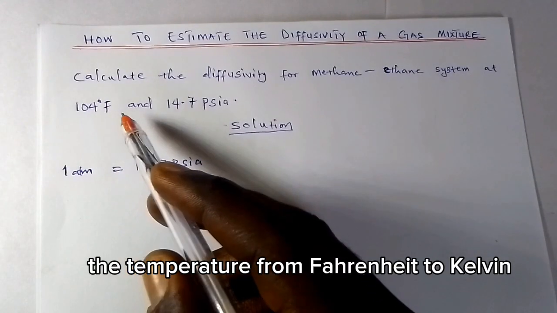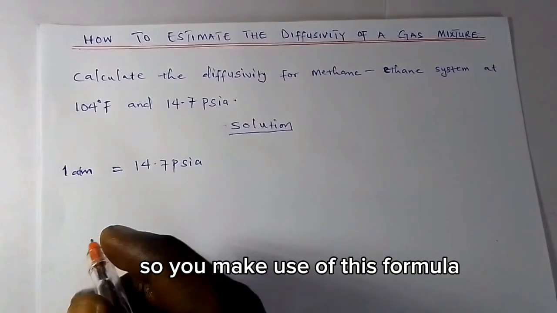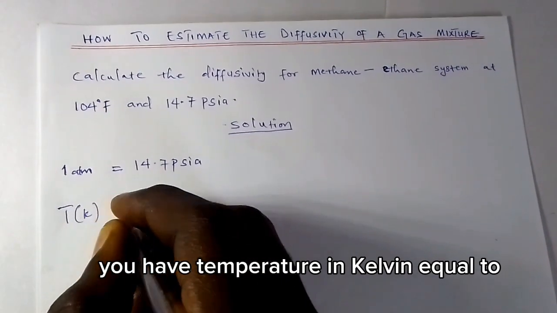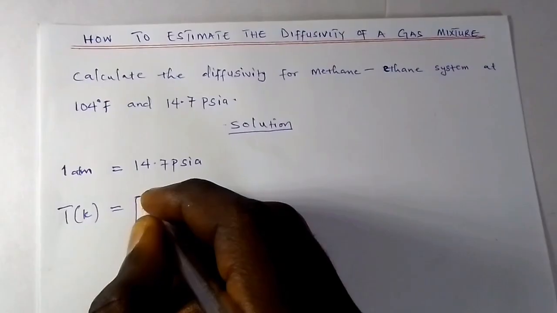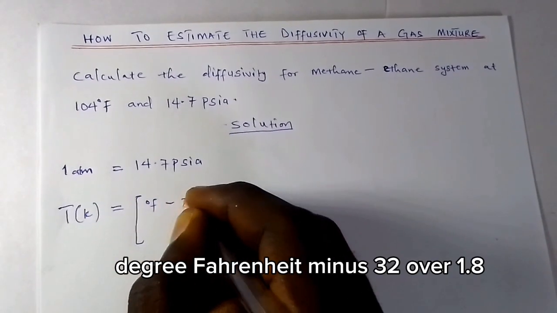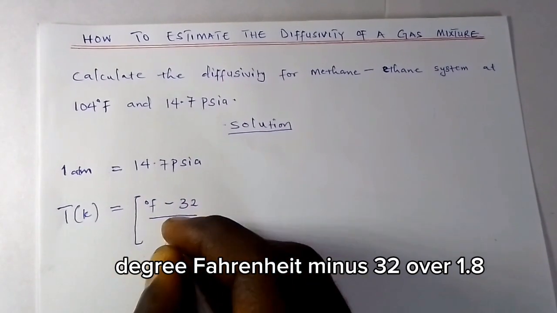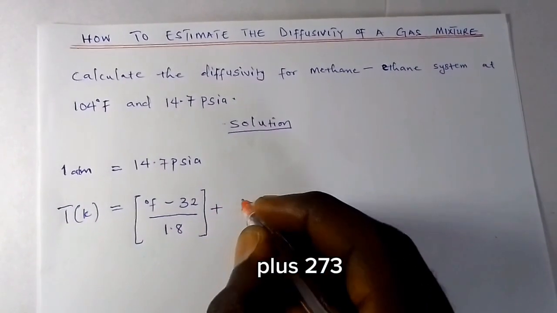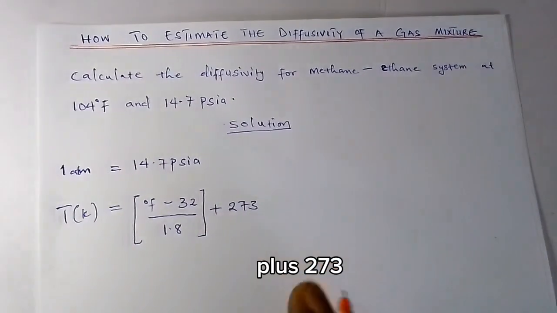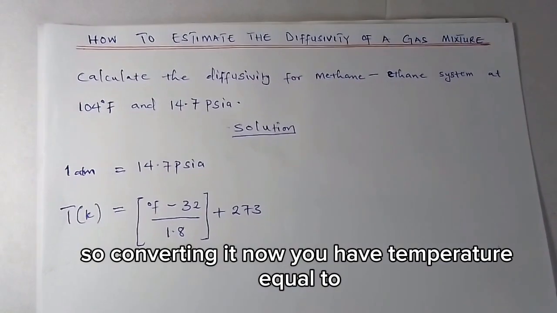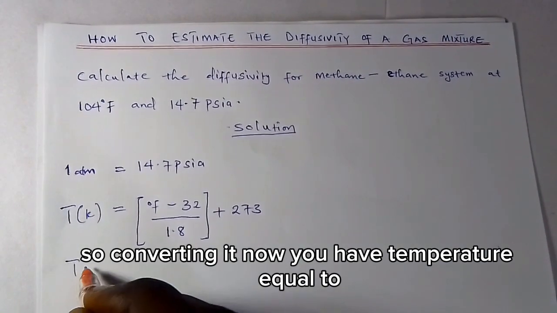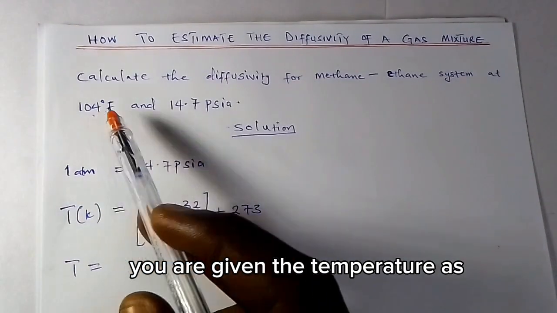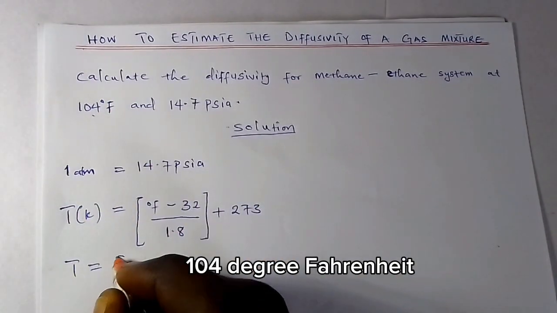the temperature from Fahrenheit to Kelvin, you make use of this formula. You have temperature in Kelvin equal to degrees Fahrenheit minus 32 over 1.8, plus 273. So converting it now, from the question you are given the temperature as 104 degrees Fahrenheit.